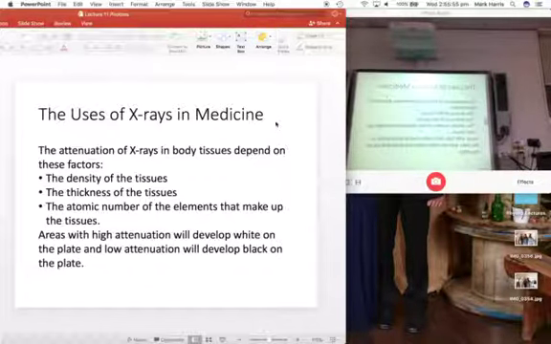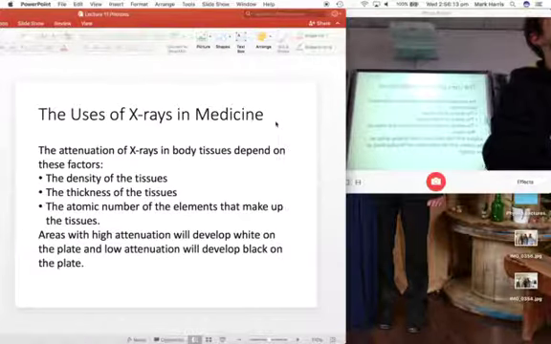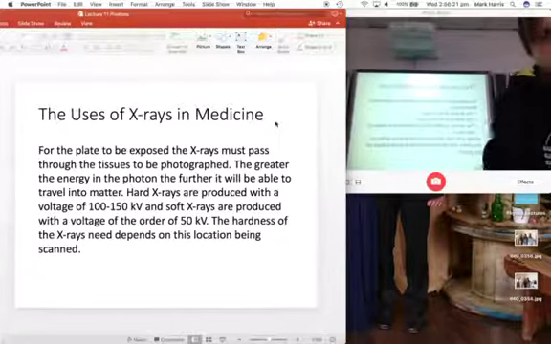Around the outside is black, then various shades of white. The bone usually shows up white, and the outside layer is skin.